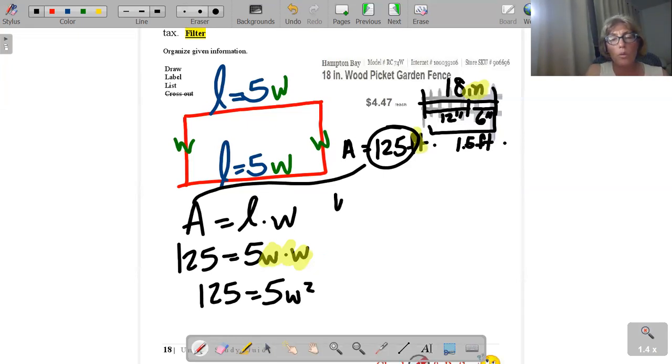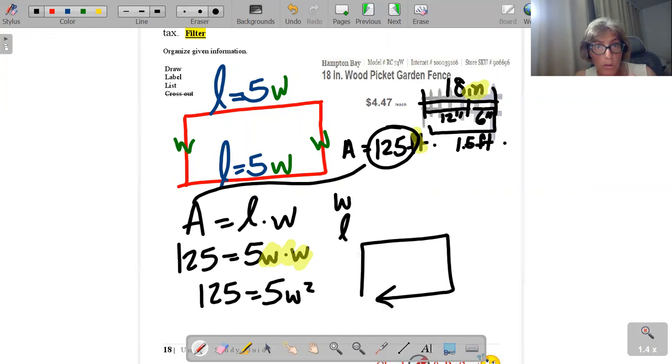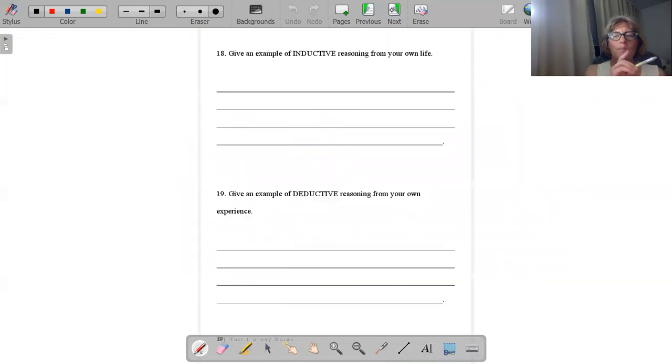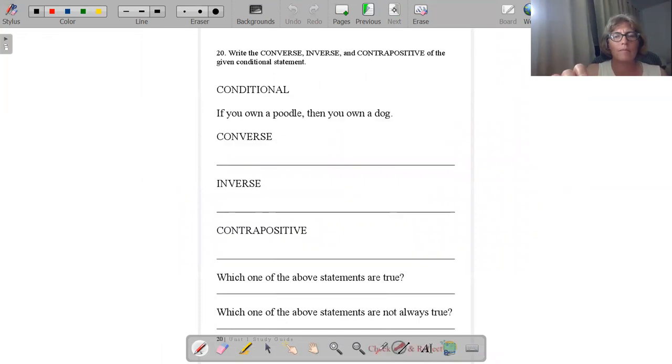You're going to solve for the width, solve for the length, solve for the perimeter, and then do the fencing and the total cost. Good luck.